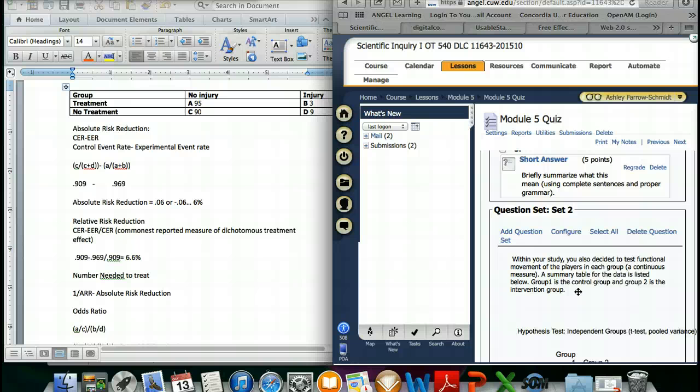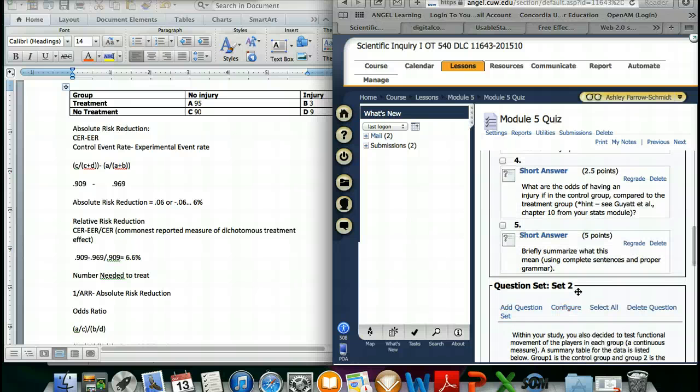Essentially, it means that there is a difference between the groups and that the effect or magnitude of the treatment is large. And that's based off what we got.